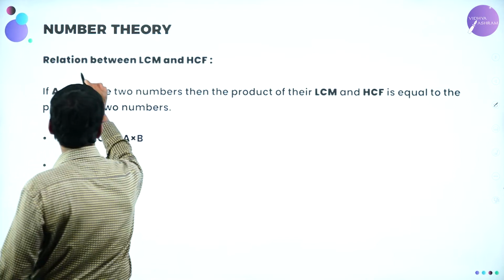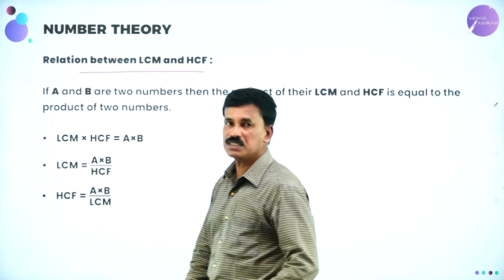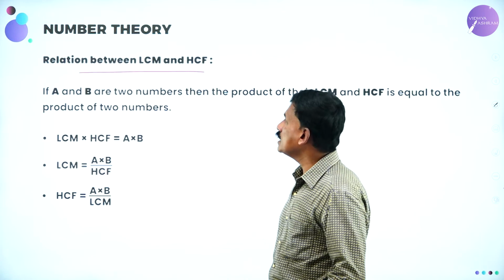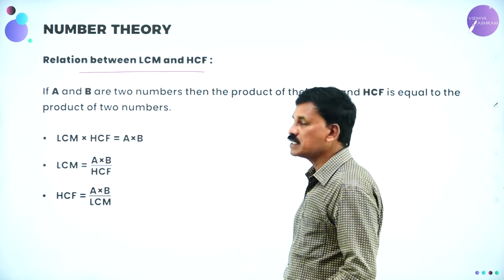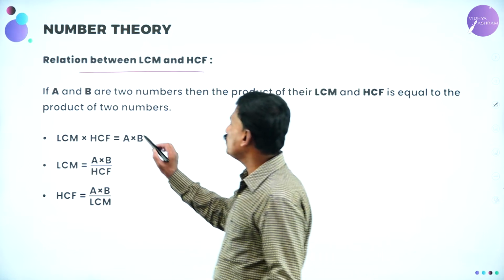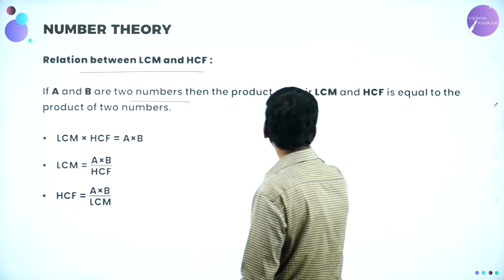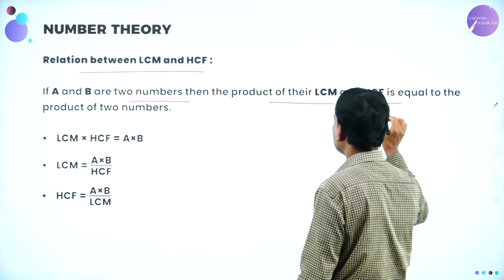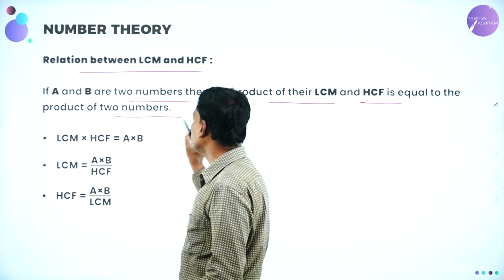Next is the relation between the LCM and HCF. A very important concept: the relationship between the LCM and the HCF, least common multiple and highest common factor. If A and B are any two numbers, then the product of their LCM and HCF is always equal to the product of the two numbers.